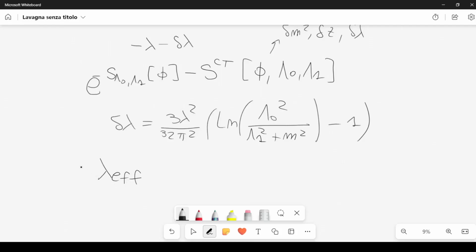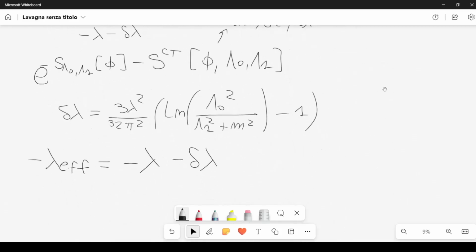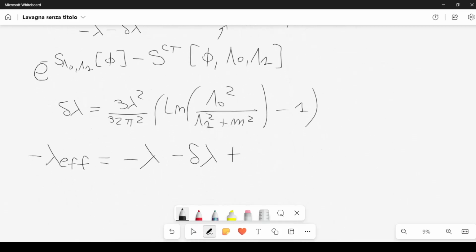And this lambda f, or the effective lambda, we define in particular as minus lambda f equals minus lambda minus delta lambda. And remember that to this minus lambda minus delta lambda, we also have this correction that we have calculated with a plus sign. So instead of writing all this expression, let me just call it C. And here I have to add C, just like this.